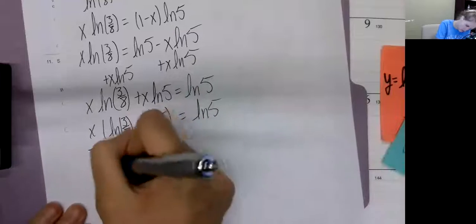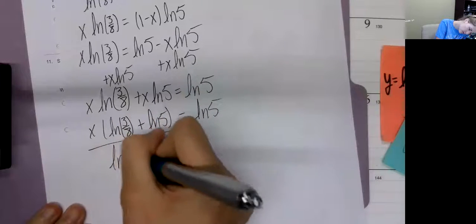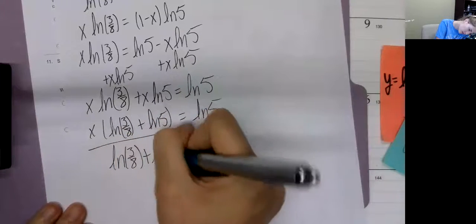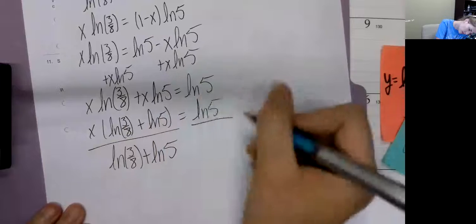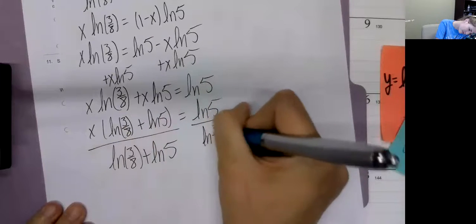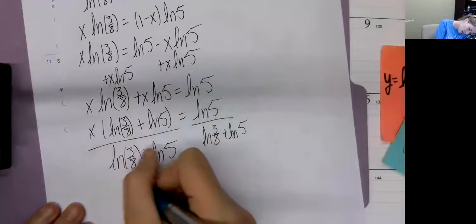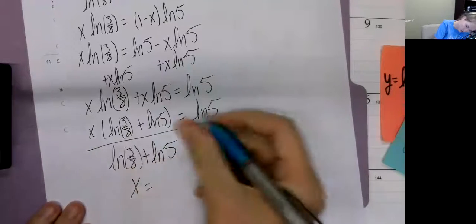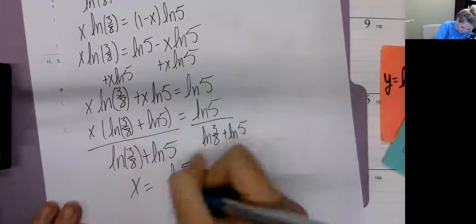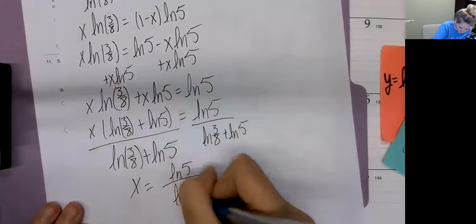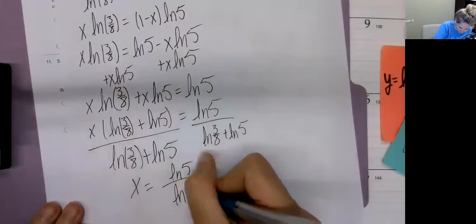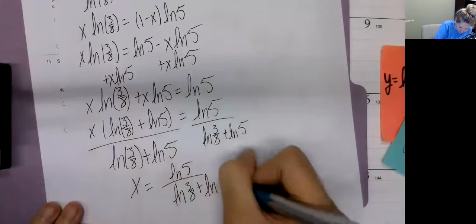Divide. So x equals the natural log of 5 divided by the natural log of 3/8 plus the natural log of 5.